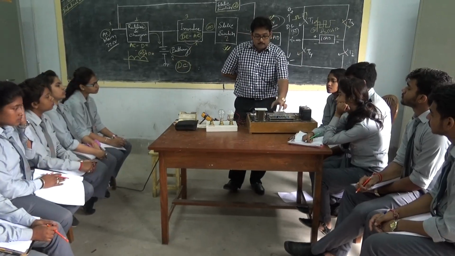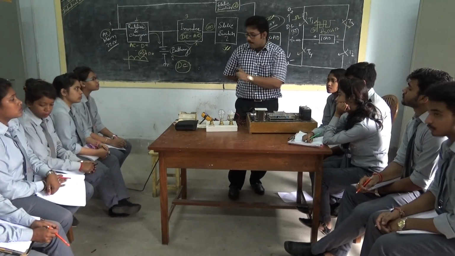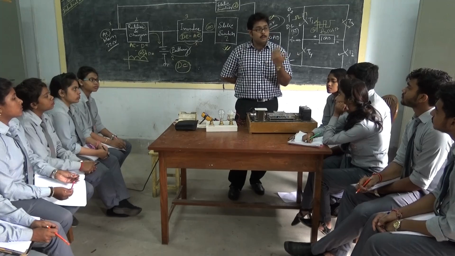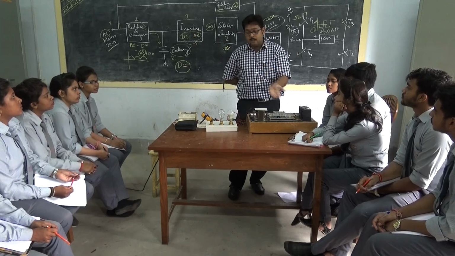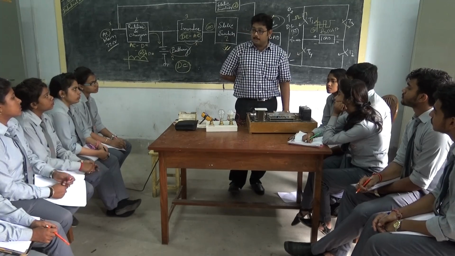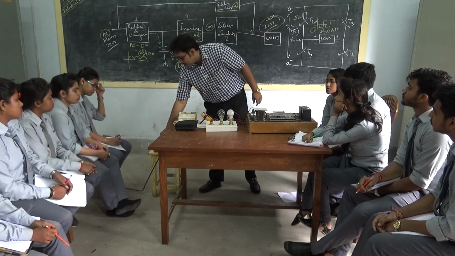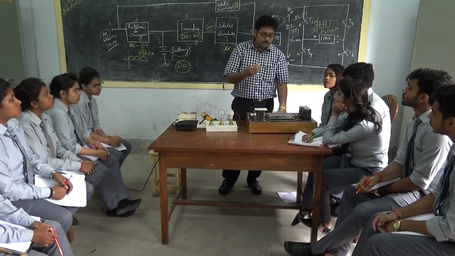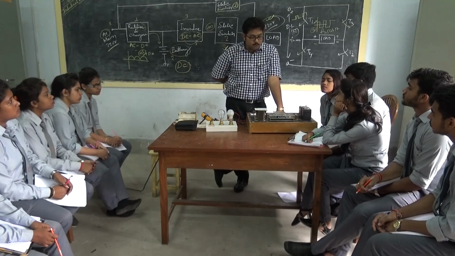For this purpose, whenever the main mode is off, the buzzer will always sound, and that will indicate to us that the main supply is not available. Just see, when the main supply is switched off, the buzzer is always giving the sound.